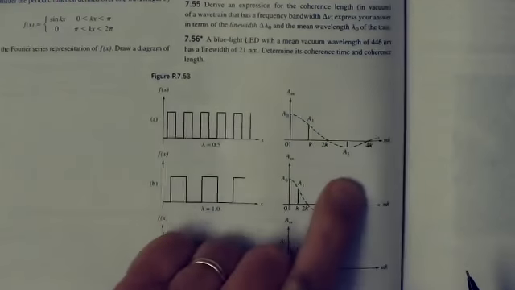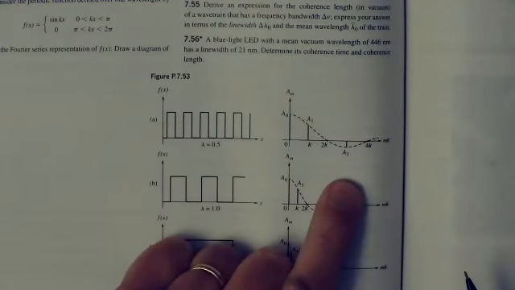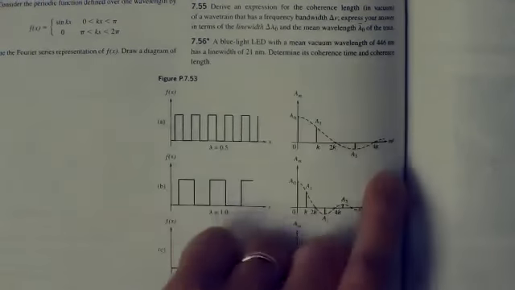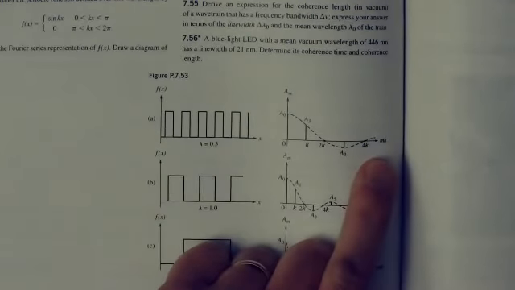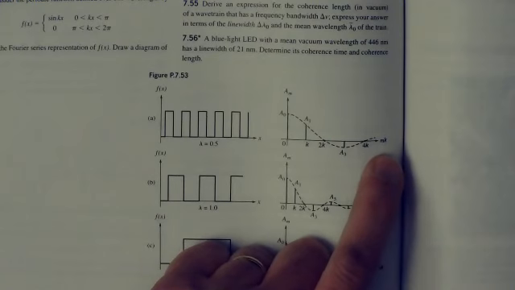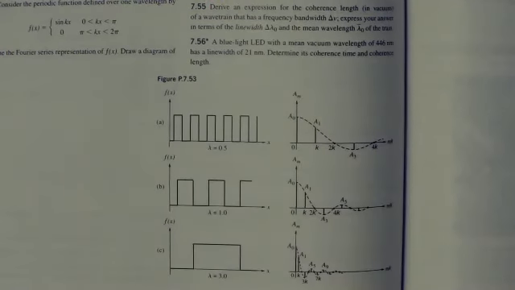I don't quite know why. Why does he have M times K? I don't understand what he means by that.